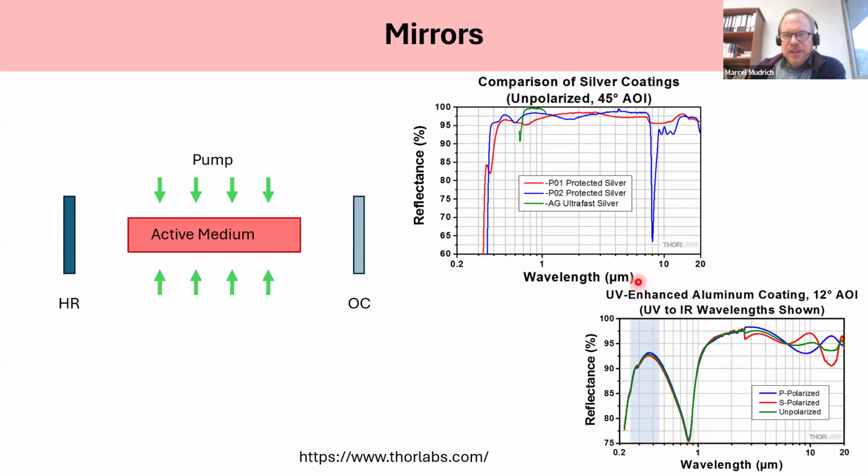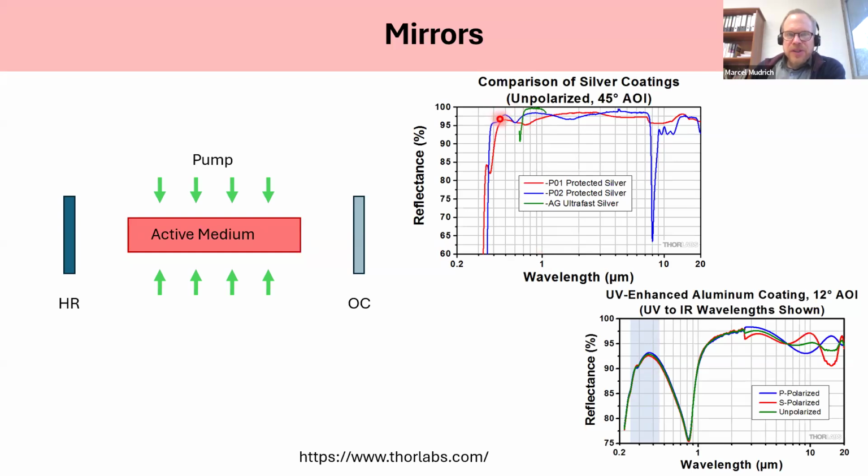But you will notice that the reflectance is actually very high, like up to almost 100%, between 95 and 100% in a range from 20 micrometers, which is mid-infrared, down to the visible range, which is below 1 micrometer, like 800 nanometers, maybe down to 300 nanometers. This range here is the visible range.